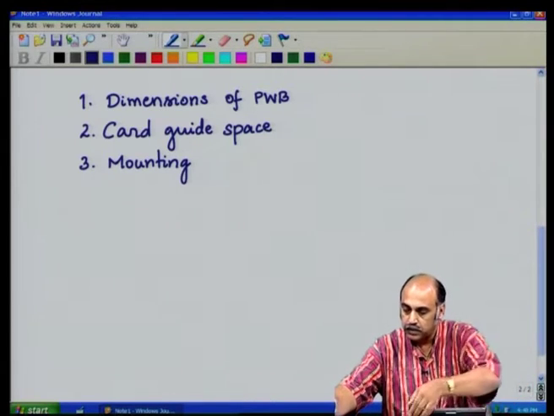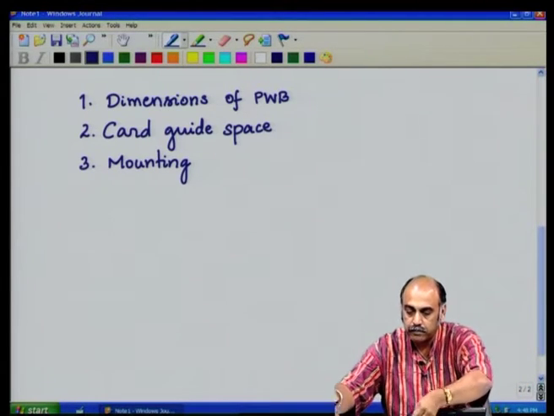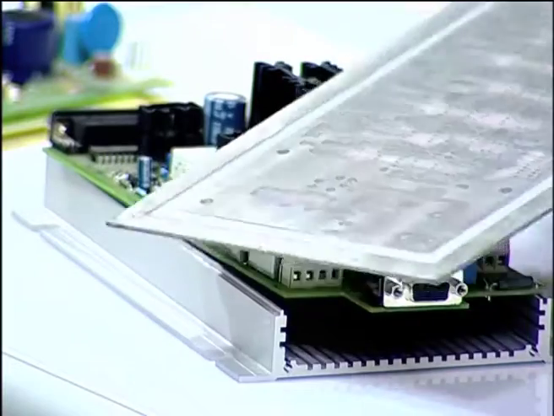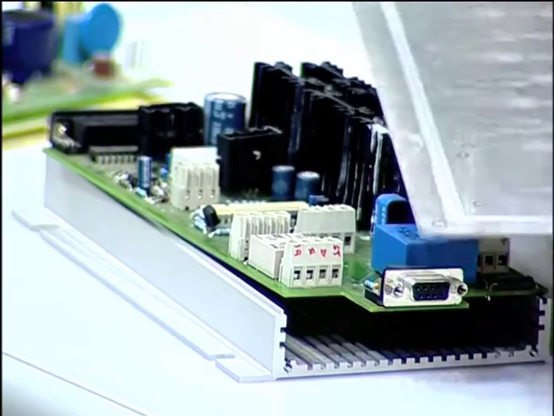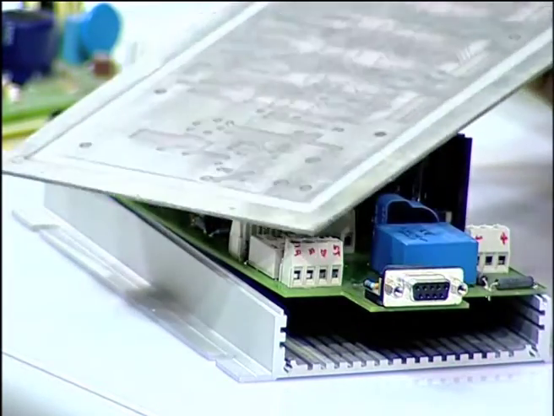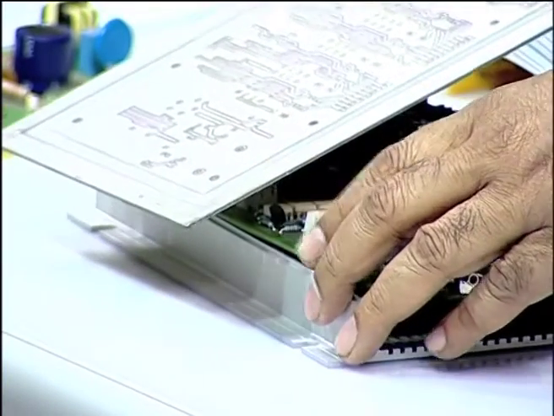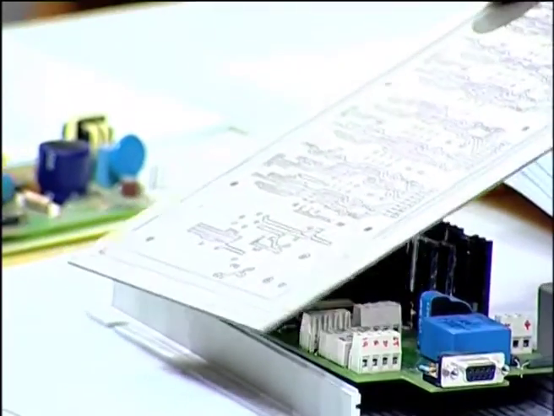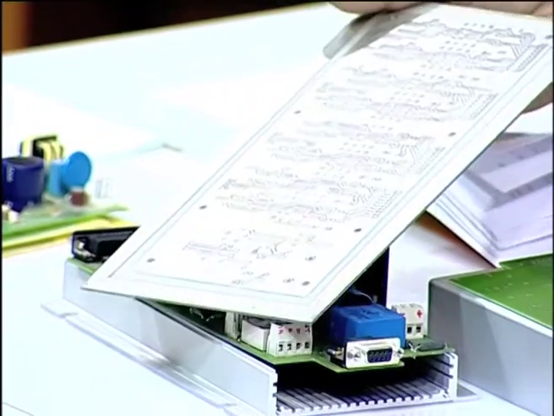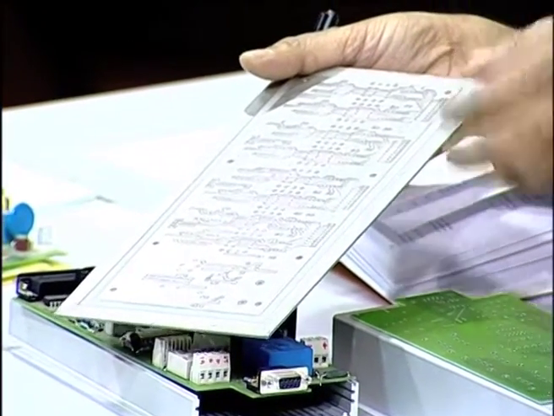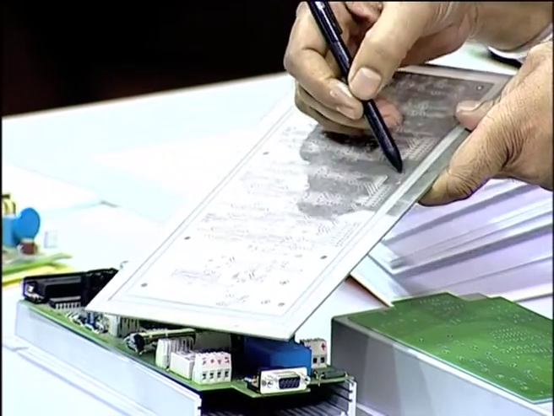For example, if you take a board like this, at various stages of fabrication, not yet completed, but in the process of getting fabricated, you see these holes here.